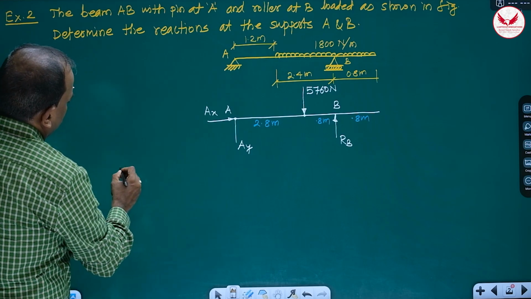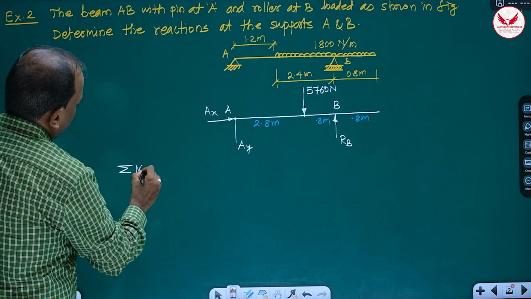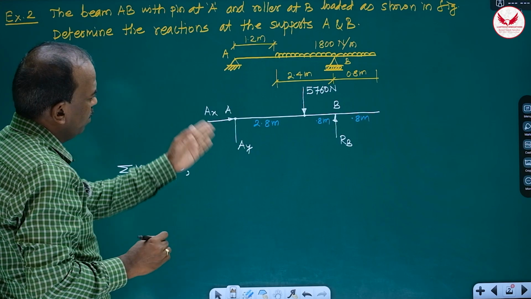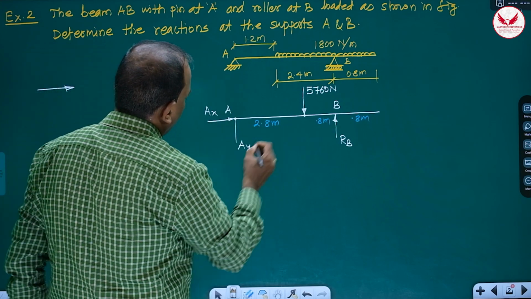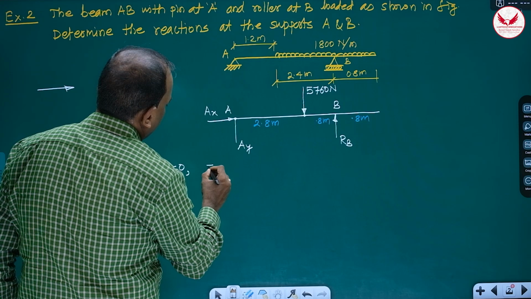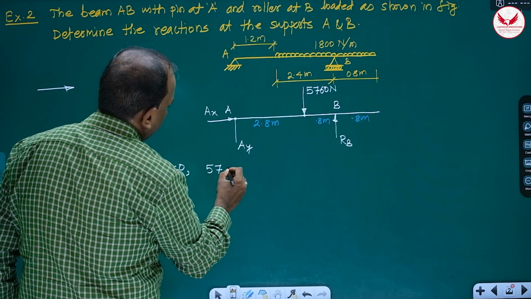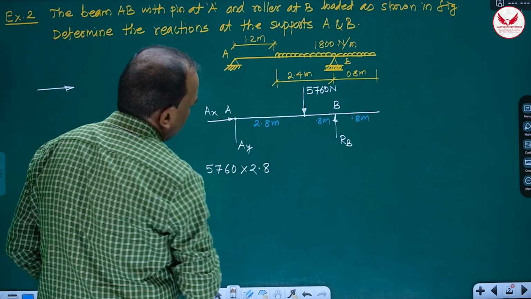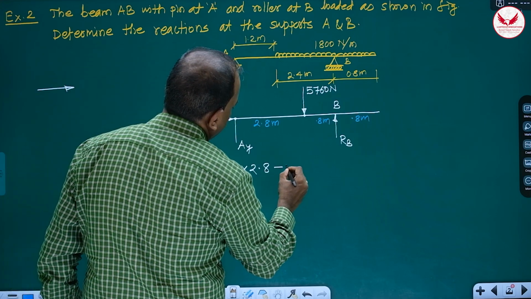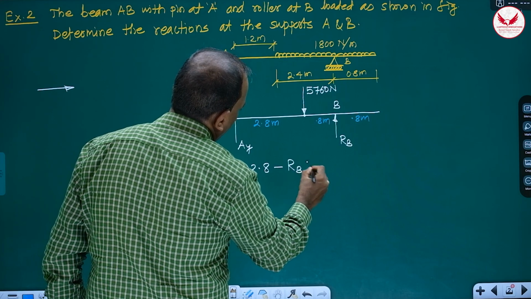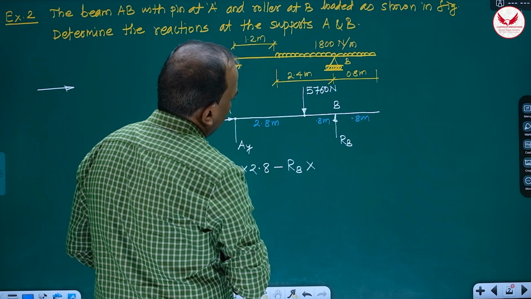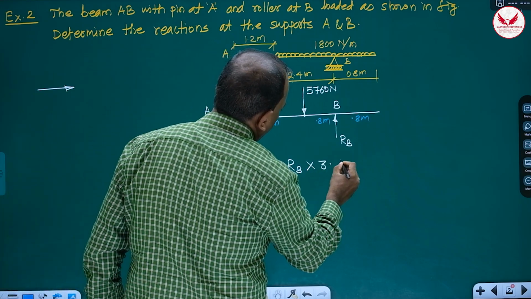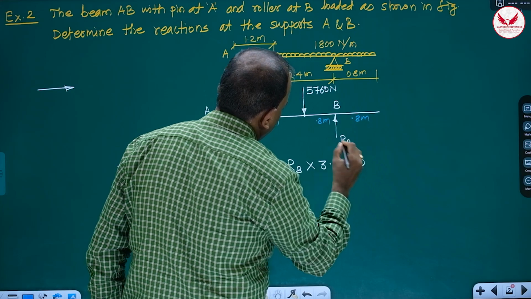Now here, summation M about A is equal to 0. Now see, the moment of AX and AY about A is 0. The moment of 5760 into 2.8 minus RB into this 2.8 plus 0.8, means it is 3.6, it is equal to 0.